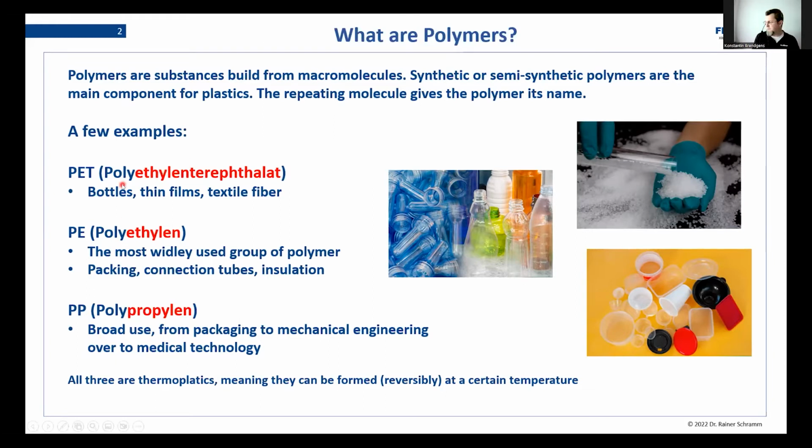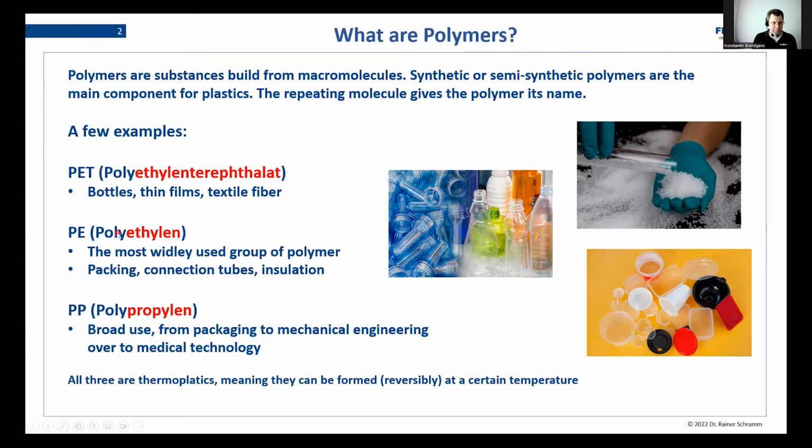The main application for this specific one is bottles, water and other drinks. We see them used in thin films, used in the kitchen to wrap things, for example, and also for some clothes, like textile fibers and sportswear.